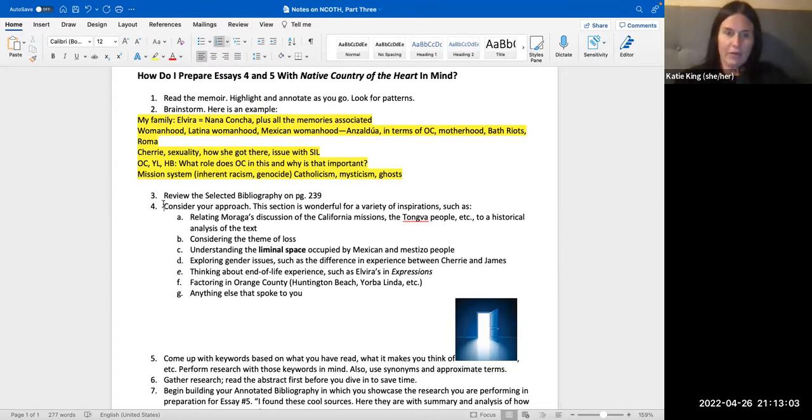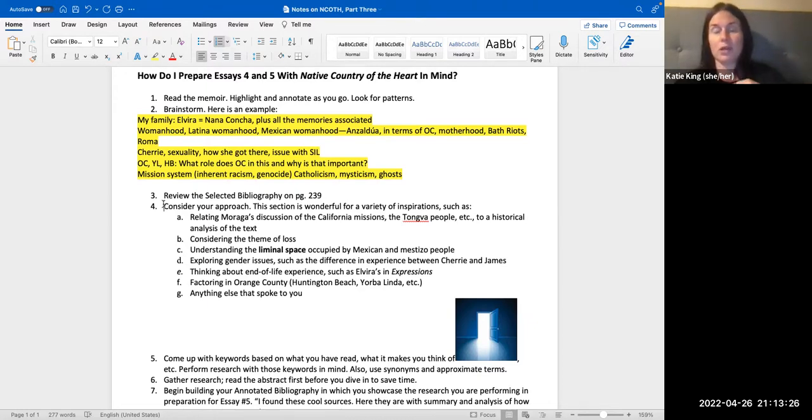So first off, she has this really cool discussion of the California mission system and the history of the Tongva people and other indigenous groups of California, and how the mission system served to perform a genocide, but at the same time is a cornerstone of her own ethnic heritage.